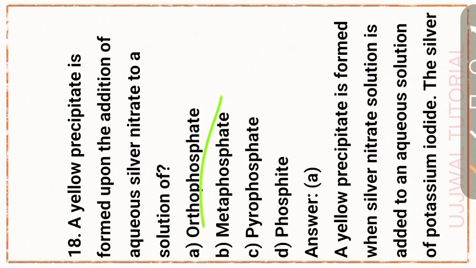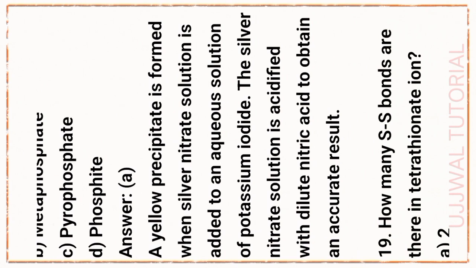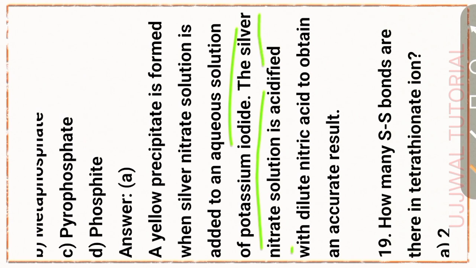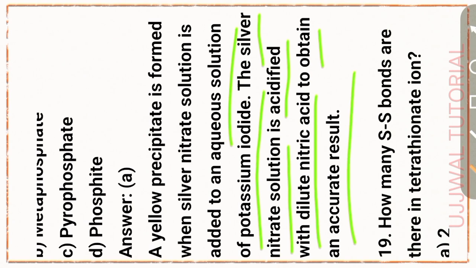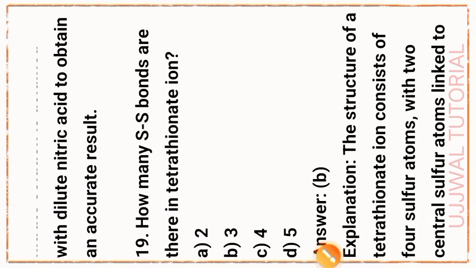Okay, to explain this part, a yellow precipitate is formed when silver nitrate solution is added to an aqueous solution of potassium iodide. The silver nitrate solution is acidified with dilute nitric acid to obtain an accurate result. Okay. Next question, question number 19.